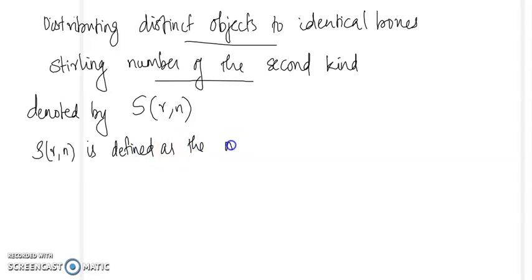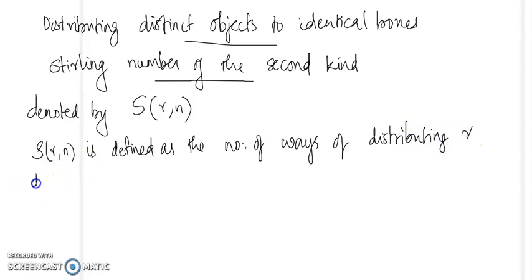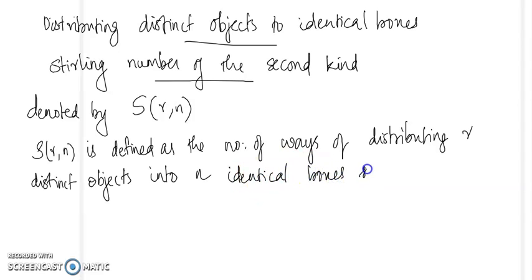So S of r, n is defined as the number of ways of distributing r distinct objects into n identical boxes such that no box is empty.